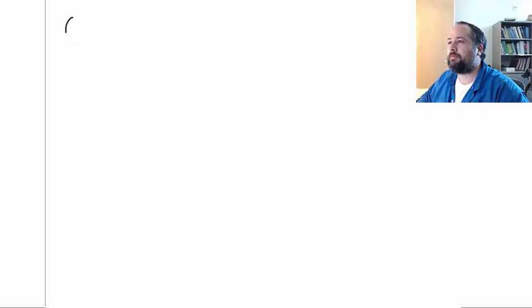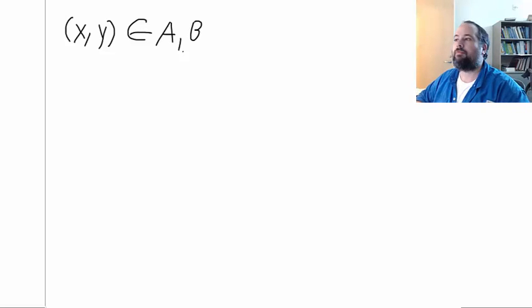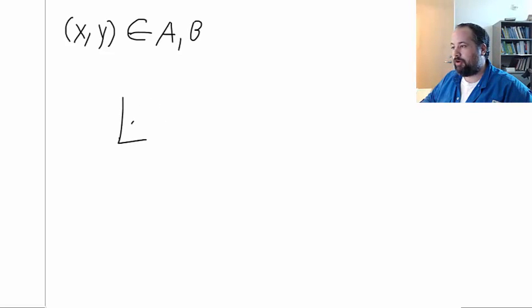Okay, one last bit of terminology that I want to impart to you is you might see something that looks like this, right? So X and Y are each members of A and B. This is the Cartesian product, and it means X is a member of A and Y is a member of B. Now, when you're graphing and you have your little chart and you do X, Y here, let's say that's 3, 5.